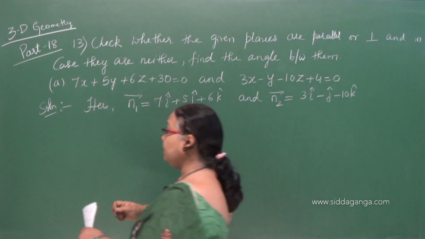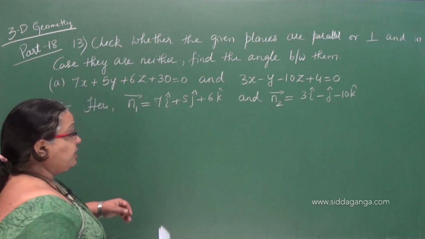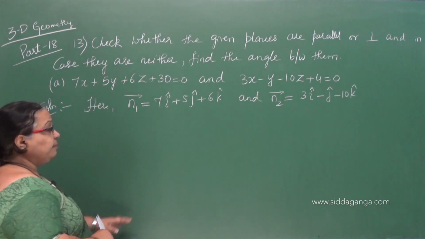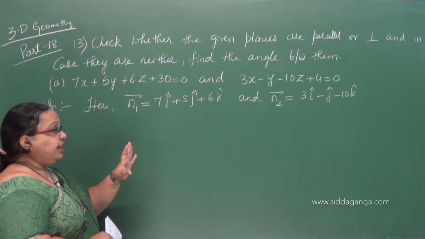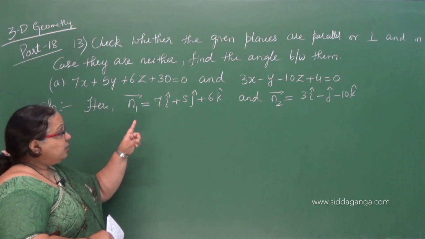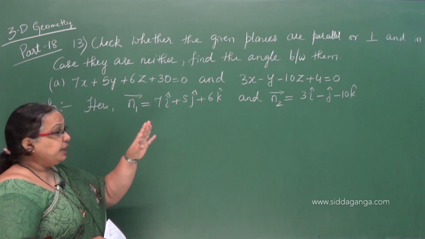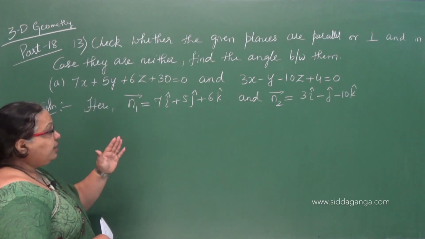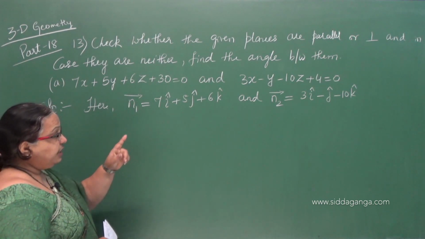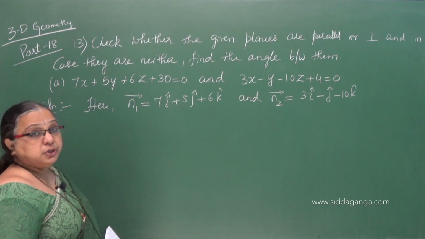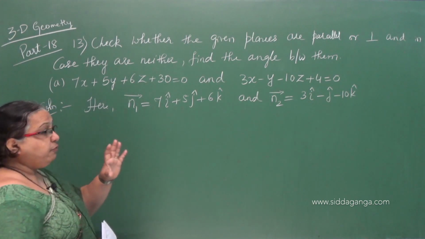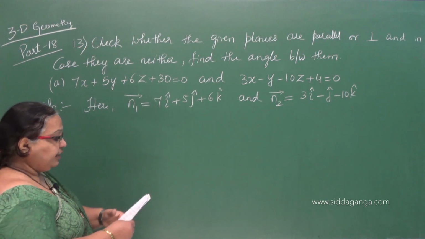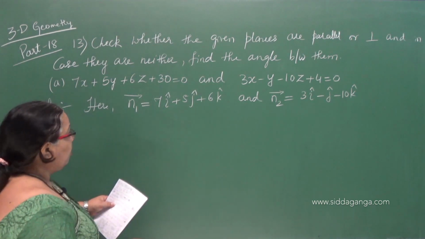So these are the normal vectors, n1 vector and n2 vector. First observe whether the i, j, k components in both normal vectors are proportional or not. Here they are not proportional, and hence we have to find the angle between them, and I think we don't get perpendicular also.